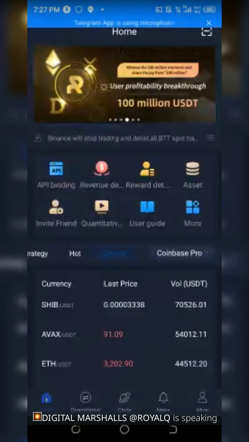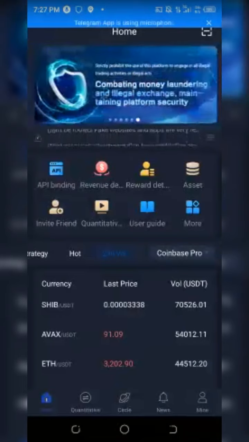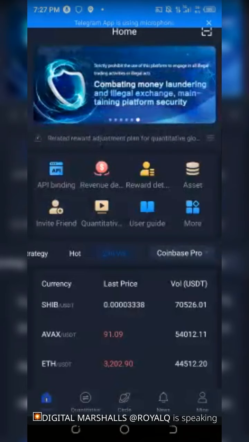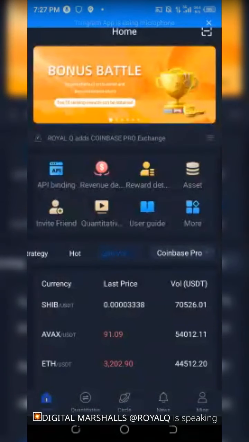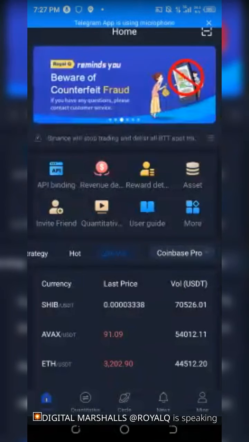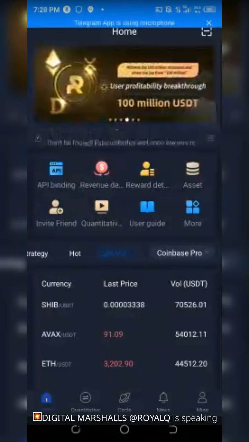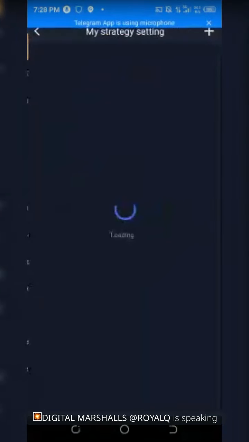Okay, this is the Royal Q homepage. So if you want to set a trade on AVAX, let me cancel one of my strategies.